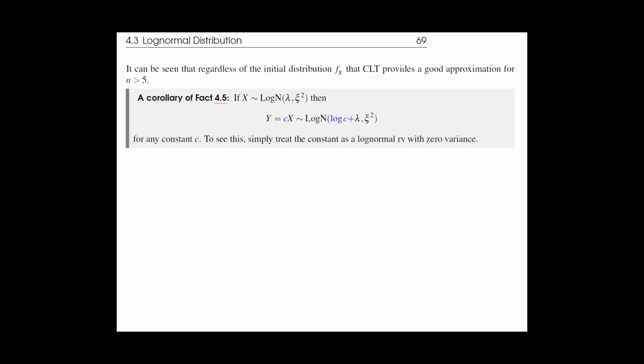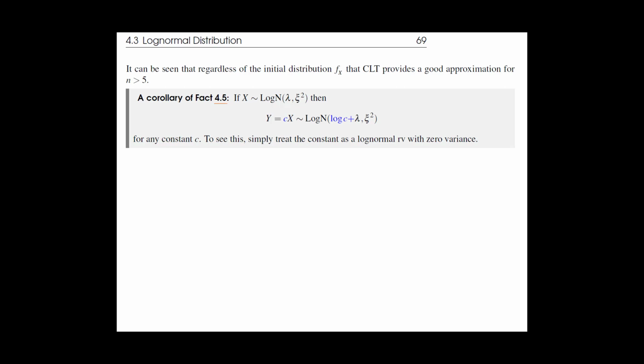All right, so a fact that is very good to know for the log normal is that whenever you have a constant times a log normal random variable, right? Because here x is log normal, then y would be a constant times it.